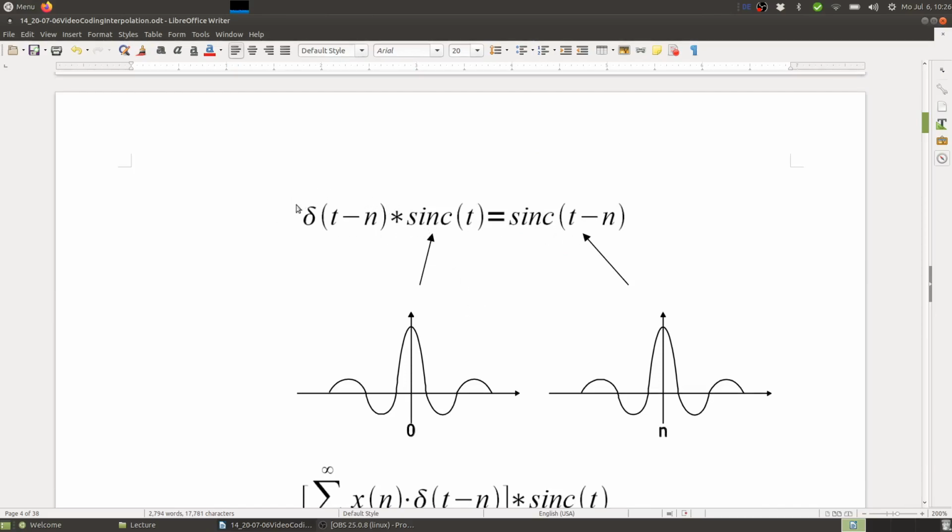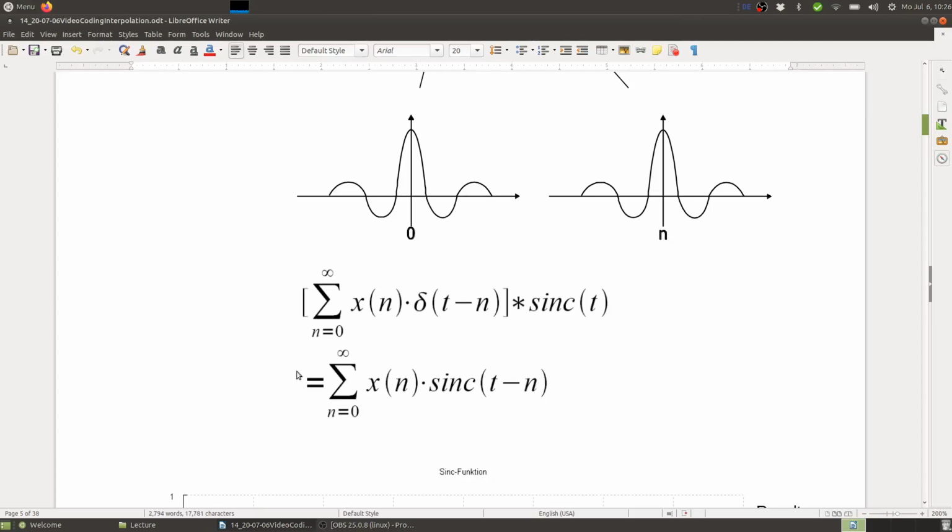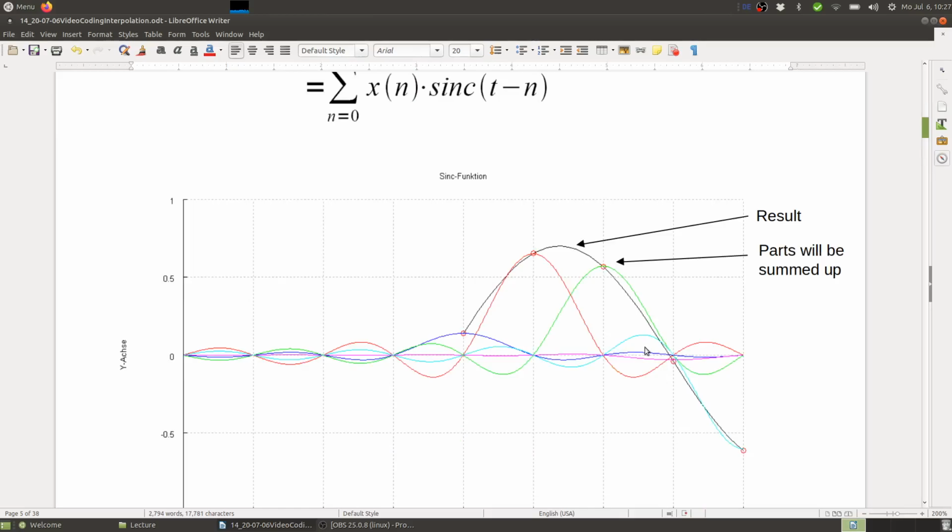We have a shifted Dirac convolved with a sinc, and that's the shifted sinc. Here now the sinc is centered over n instead of 0. And hence we get this sum here. We have a sum over the x of n times sinc of t minus n. So basically we replace the sample Diracs by the sinc functions, and then we add them all up.